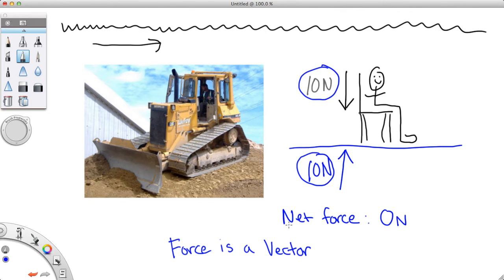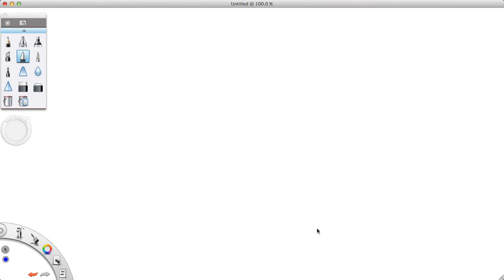So now that we know net force is the combination of all the forces acting on an object, let's go ahead and write that down as a word to know, and that's net force.